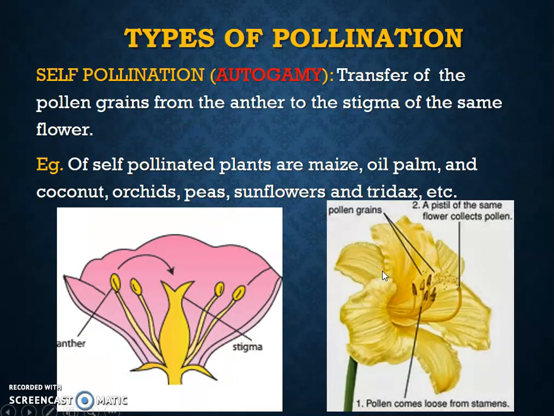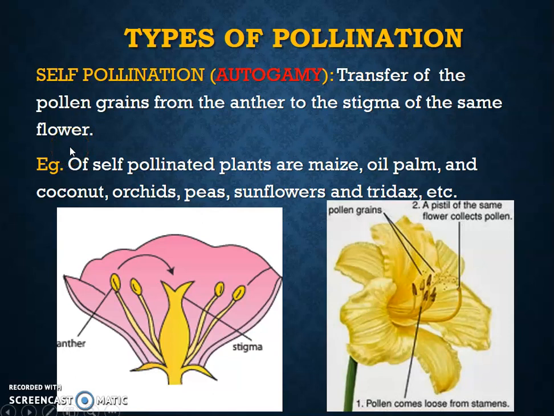Now, there are many types of pollination, but they are all categorized into 2 main types, which will be our emphasis for today's lesson. The first one we're going to be looking at is self-pollination, also known as autogamy, which refers to the transfer of pollen grains from the anther to the stigma of the same flower.